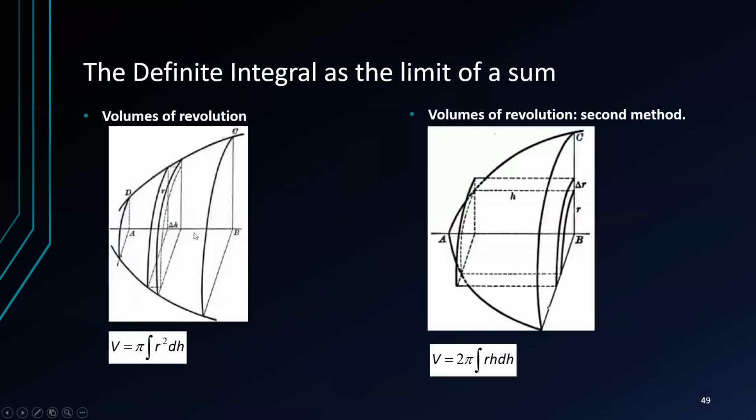Next, the volume of revolution. So, volume is equal to pi times the integral of r squared dx. Next, the volumes of revolution, second method: volume is equal to 2 pi times the integral of r h dx. Okay? So, dito, disk style, pi r squared. Parang kung bilog to, disk yan. Okay? Plate.